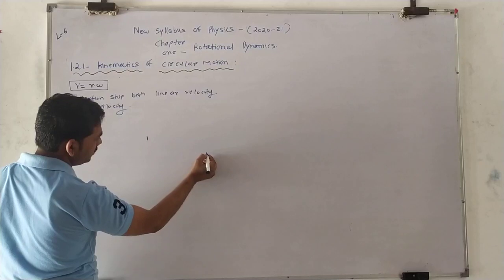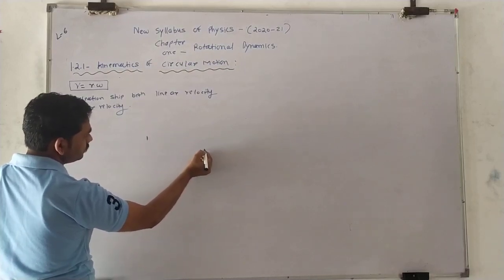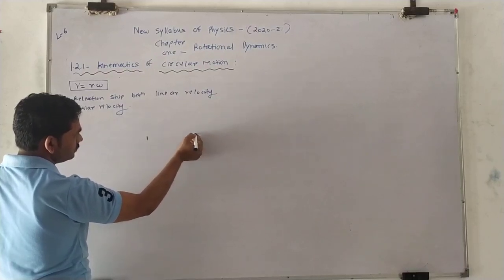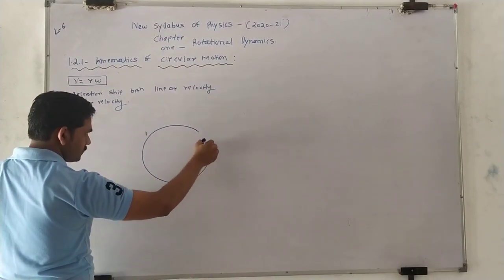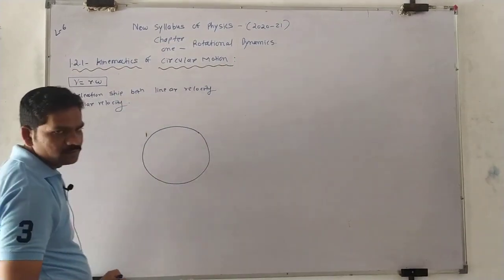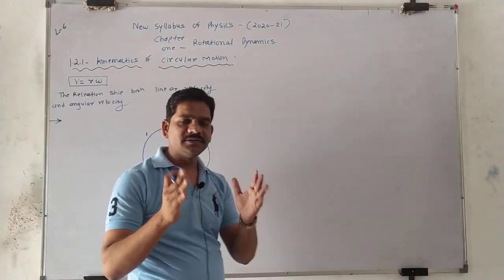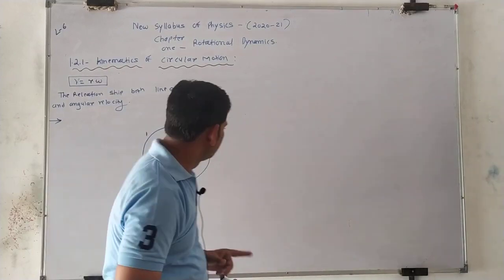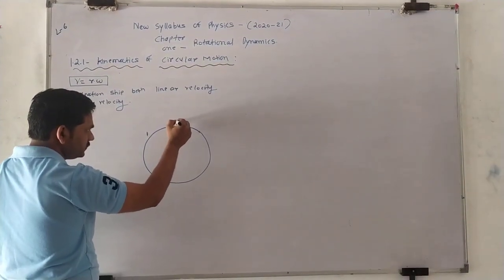I draw one circle, because rotational dynamics consists of circular motion and rotational motion. These are the center lines.